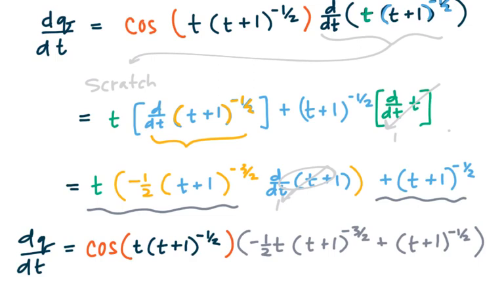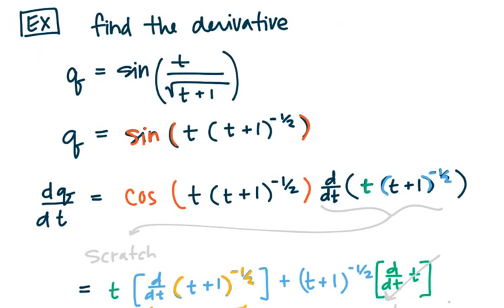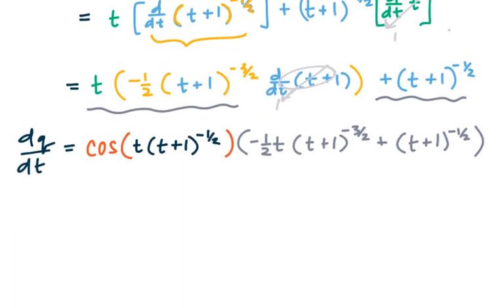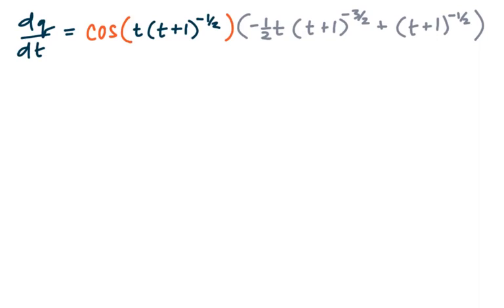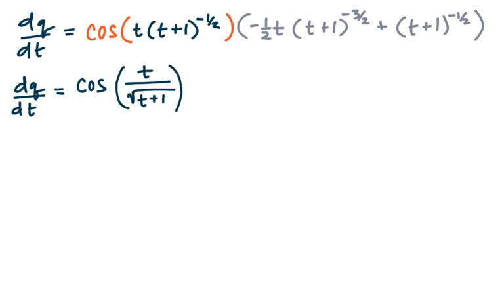Our final steps to clean this up would just be to combine these two terms. And this is just algebra at this point. One thing I'm going to note, that was a -1/2, so I'm going to make that look like it did in the beginning. I'm going to put that down in the denominator just for consistency purposes. So the derivative of q with respect to t is equal to the cosine of the quantity t over the square root of t plus 1.